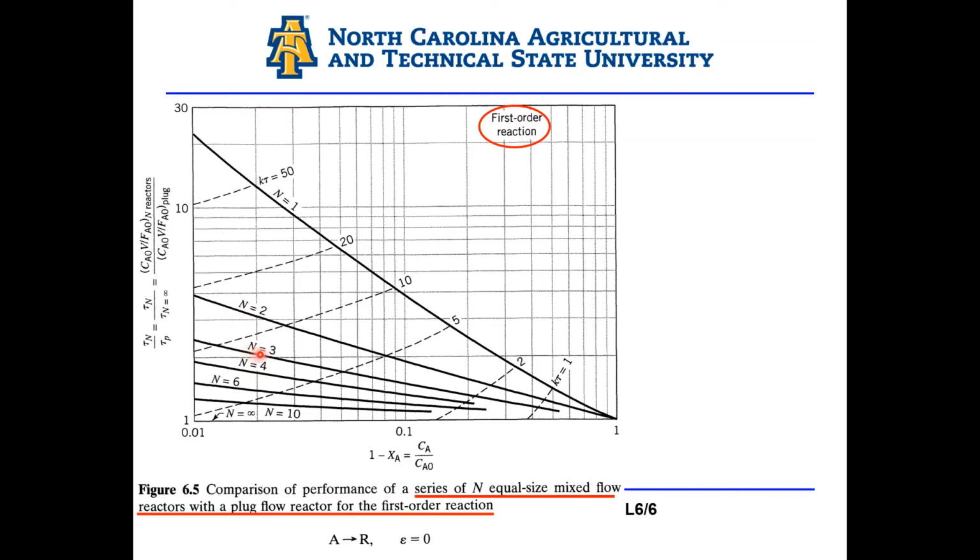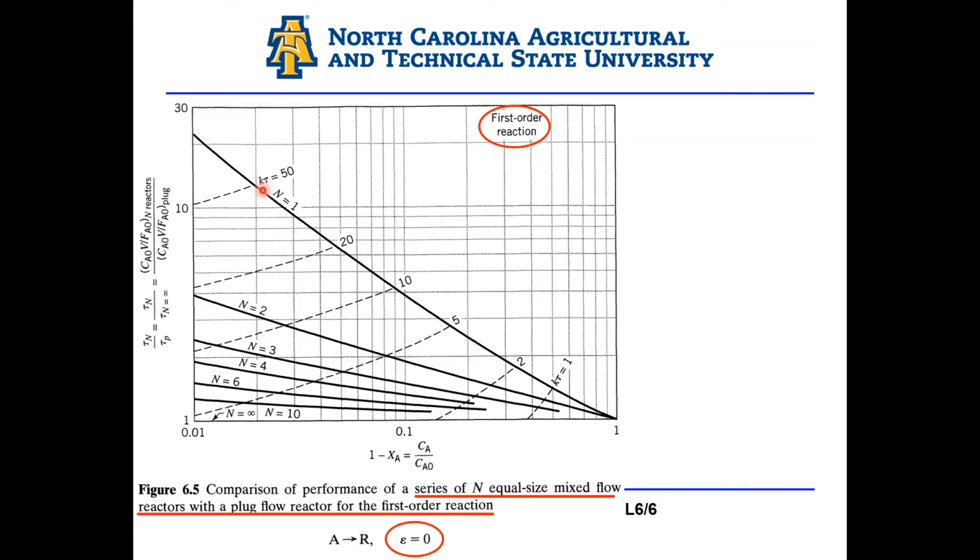Similarly, for 3 CSTRs in series to one PFR, I look at this line, etc., all the way to infinity, where it's just a PFR. And I have these dashed lines going across, and these are in terms of K tau, which basically refers to your reactor volume. If CA naught is the same in both reactors, then K tau is a direct correlation to the reactor volume.